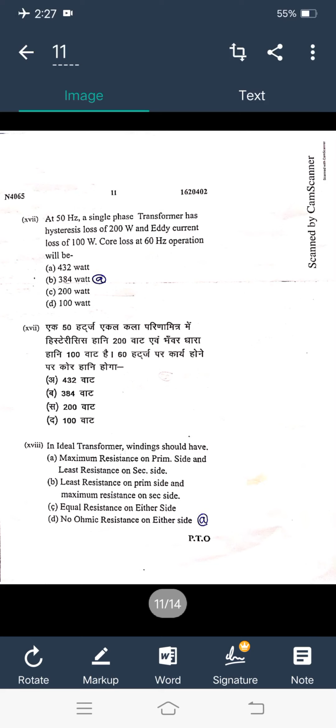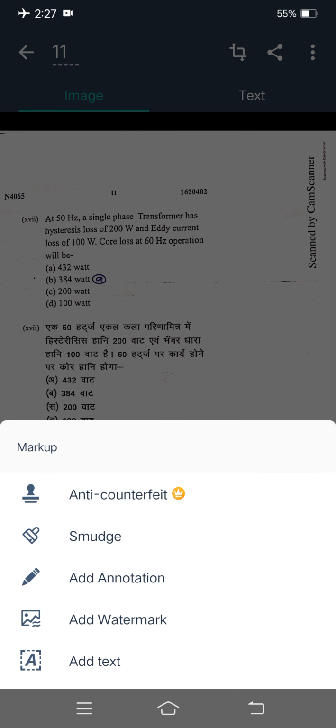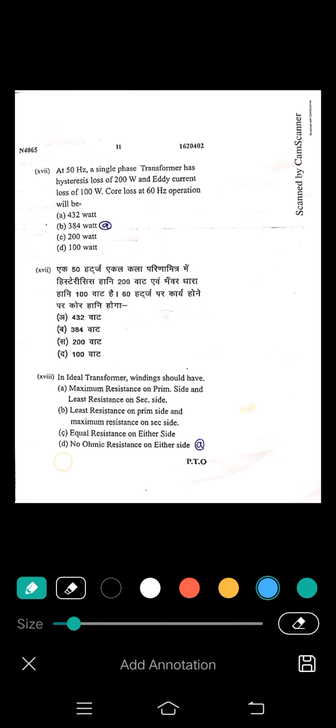In the options, option D is no ohmic resistance on either side. That means the primary side or the secondary side resistance is 0. No ohmic resistance means resistance is 0, which is the ideal condition for primary and secondary winding. So option D is correct for the 18th question.